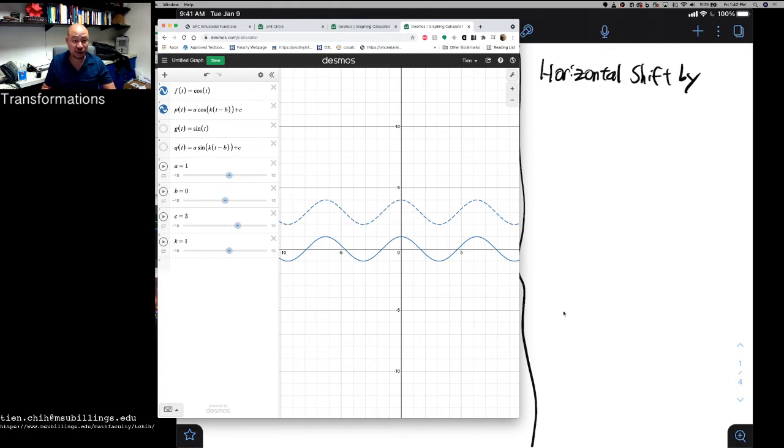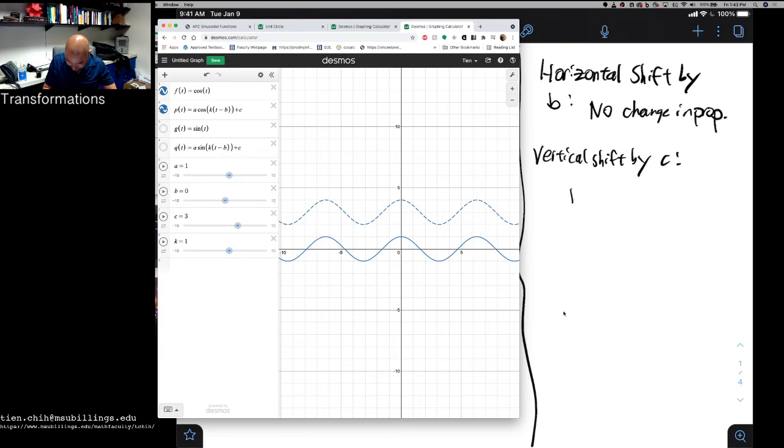If we do a horizontal shift by B, we get no change in properties, right? If we do a vertical shift by C, we get midline is y equals C. But that's the only change, right? The amplitude's still 1. The period is still 2 pi.